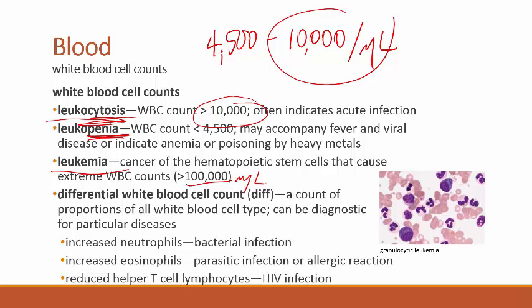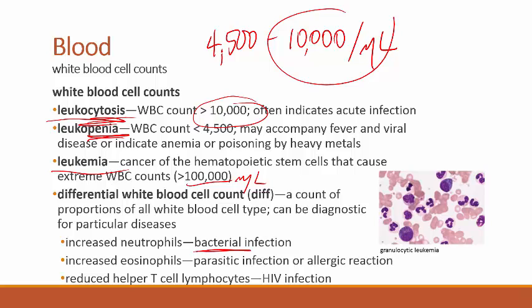So remember we said that neutrophils make up, on average, in a healthy person, between 50 and 60% of the white blood cells. If we do a differential count and notice that, oh my gosh, there are 70 or 80% neutrophils, then we might be suspicious of a bacterial infection, especially bacterial or perhaps a fungal infection.